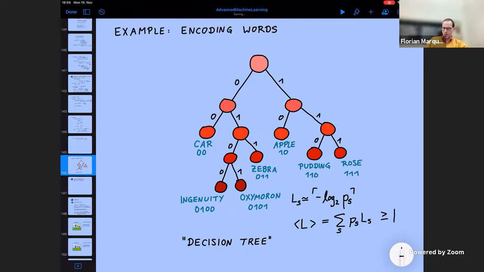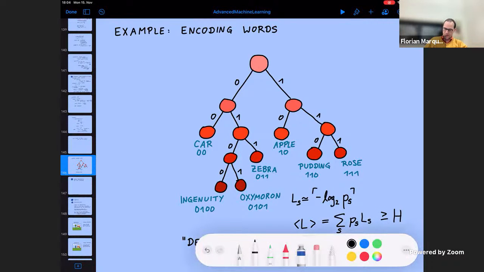And this lower bound can be written down very easily, again, in terms of these probabilities, and it is what is known as the entropy. So that's where the entropy comes in information theory. Okay, so that's the entropy for us.